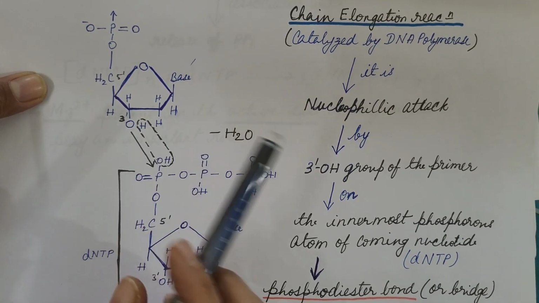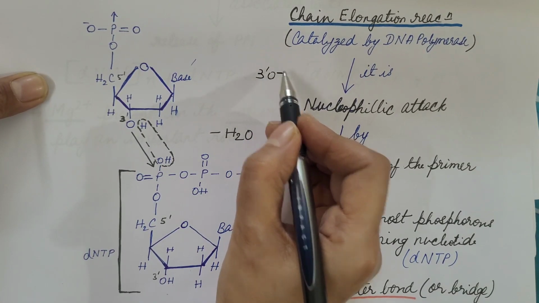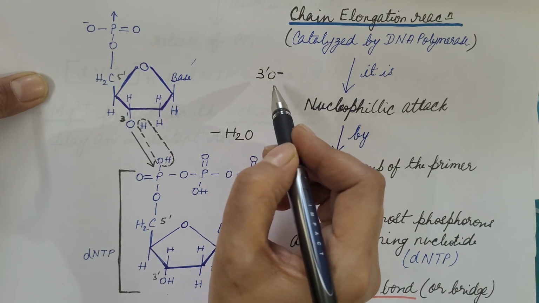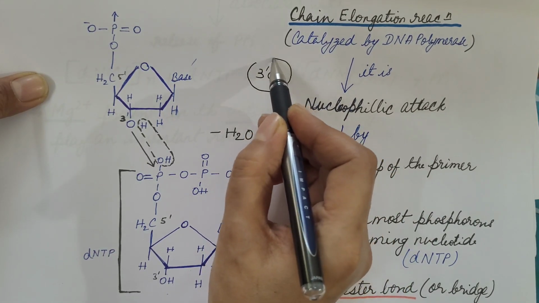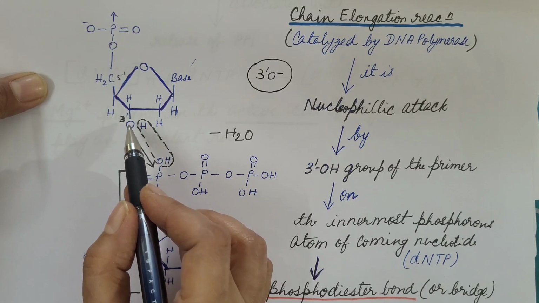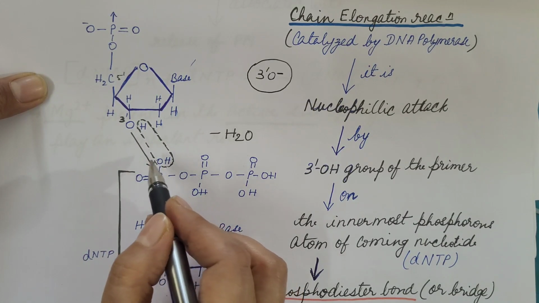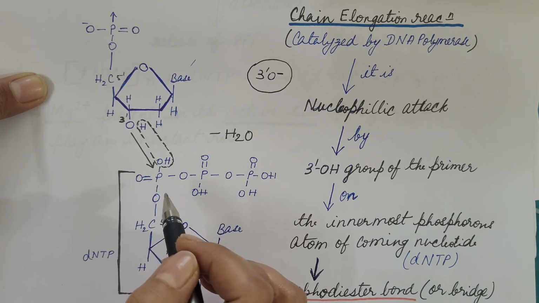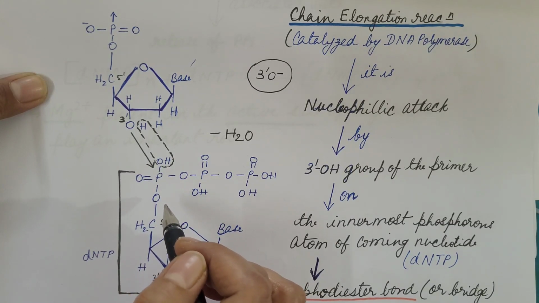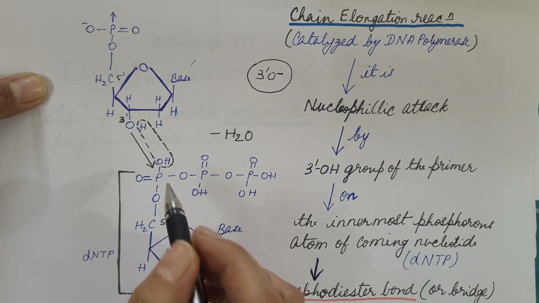This leaves a 3'O minus nucleophile, and this 3'O minus nucleophile results in the nucleophilic attack on the innermost phosphorus atom of the coming nucleotide, which then results in the formation of the phosphodiester bond.